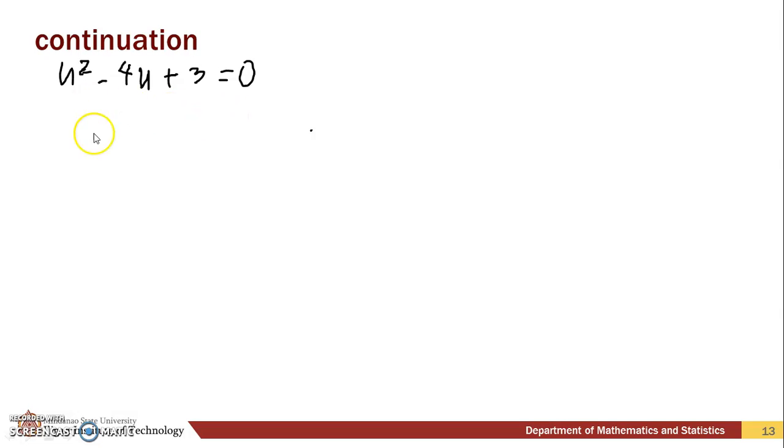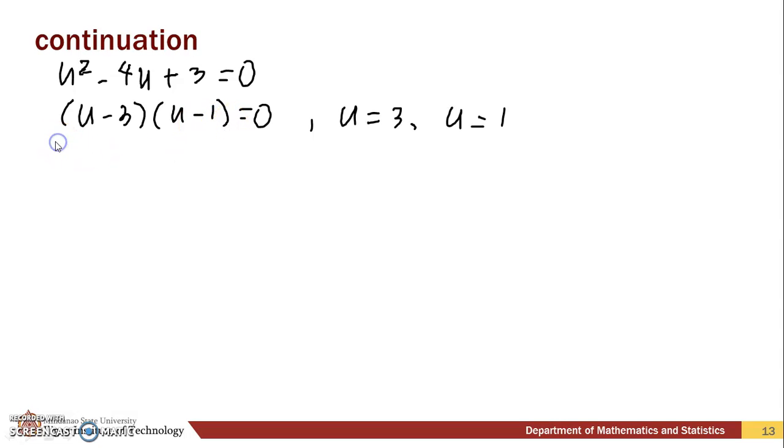And this can be factored into u minus 3 times u minus 1 equals 0. Meaning to say, you will have u equals 3 and u equals 1. But we earlier had u equals the logarithm of x.